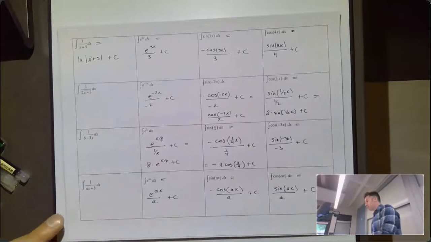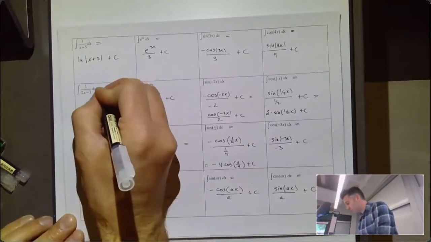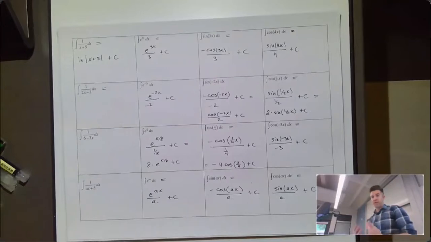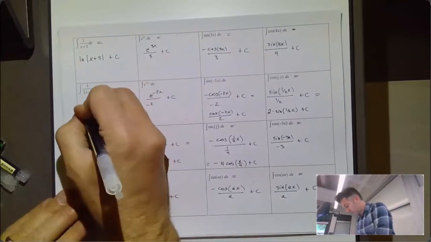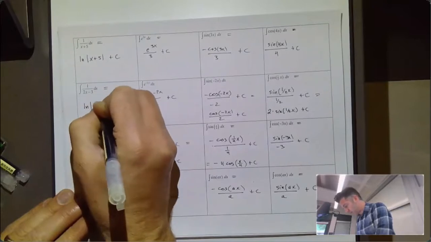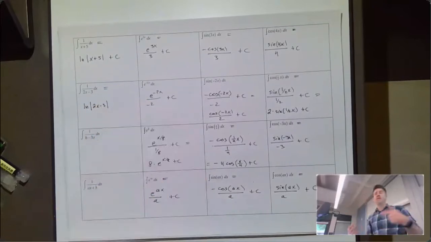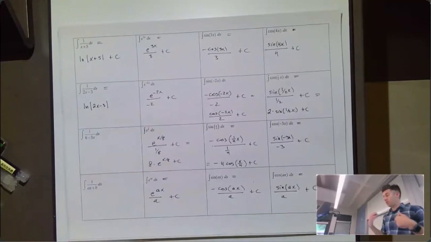Great. So now for this next one, I've got 1 over 2x minus 3. I'm pretty sure the antiderivative is the natural log of the absolute value of 2x minus 3. But if I took the derivative of that, I would get 1 over my stuff, 1 over 2x minus 3. And then what would I have to multiply by? 2.